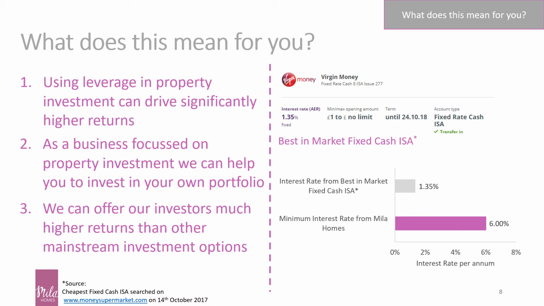Pretty paltry, if you ask my opinion, and which effectively means if I've got £100 sitting in there, I'm going to get £1.35 for every £100 I've got sitting in that savings account.